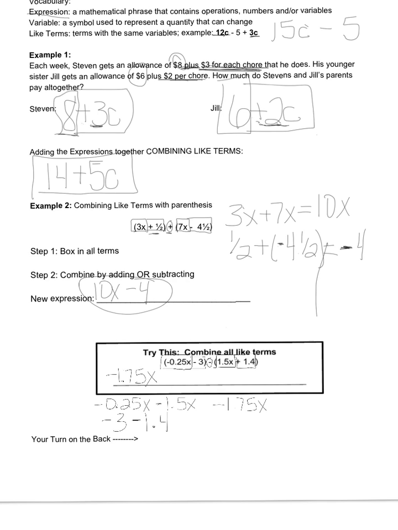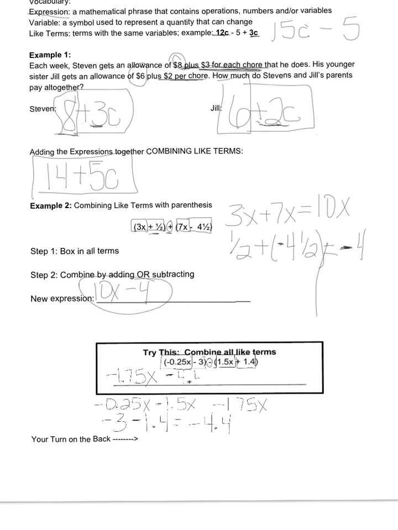So my problem is negative 3 minus 1.4, which becomes negative 4.4. And again, just like in example 2, to represent this negative 4.4, it looks like a minus 4.4 in the expression.